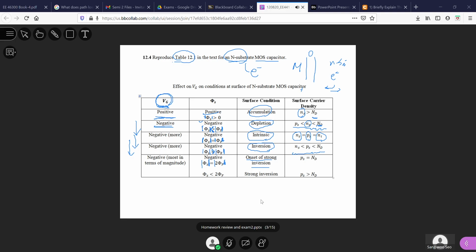For this case, the hole concentration is equal to your original doping, ND. And then finally, if you further increase, you have strong inversion, and here the hole concentration is larger than your doping concentration. So that way we can complete the table for the N-type substrate.